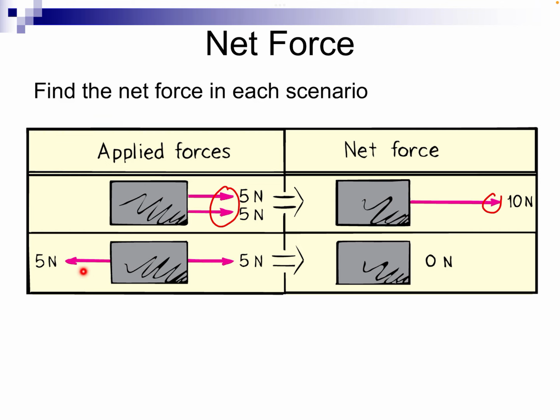Whereas in the second scenario, you have two forces that are in opposite directions, and we learned that if the vectors are pointing in opposite directions, you sort of subtract these vectors because one of them will be negative, the one pointing to the left. So effectively, the net force in the second scenario is 0 newtons.